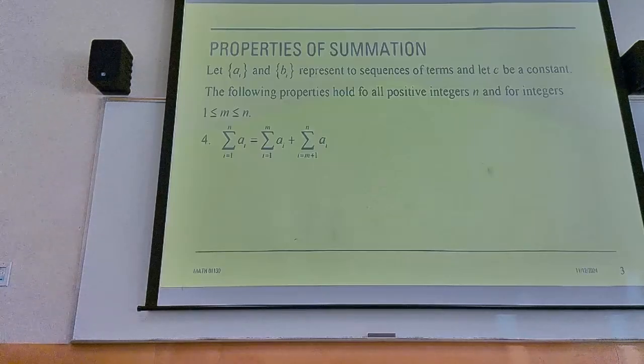The summation i equals 1 to n of a sub i is the summation i equals 1 to m of a sub i, plus the summation i equals m plus 1 to n of a sub i.